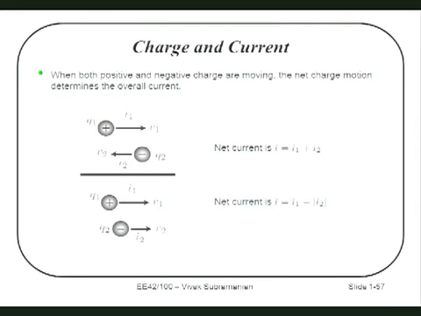Let's just say they are moving in opposite directions, like so. The total current is the sum of the two. Because they are going in opposite directions, but they are opposite in charge, we add the numbers together.